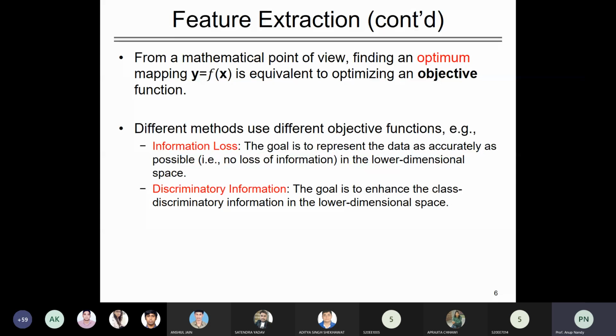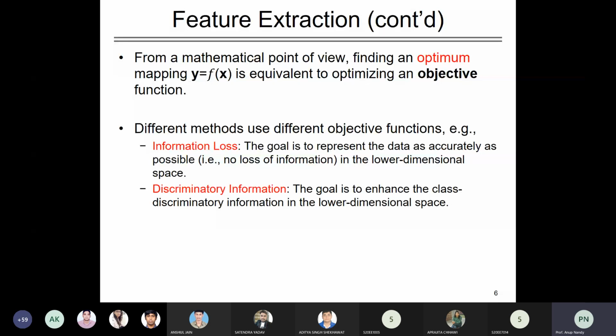So you are trying to project this high dimensional data into a lower dimensional space. Obviously, some error will be incurred, and you need to find it out. If you just optimize this information loss, then you will see how much loss is going to be incurred in the lower dimensional space. That is one objective function. Another is called the discriminatory information. The goal is to enhance the class discriminatory information in the lower dimensional space.